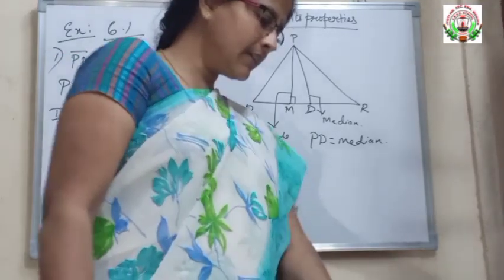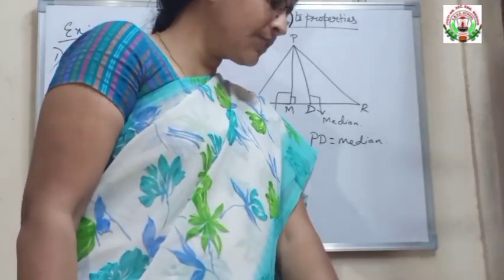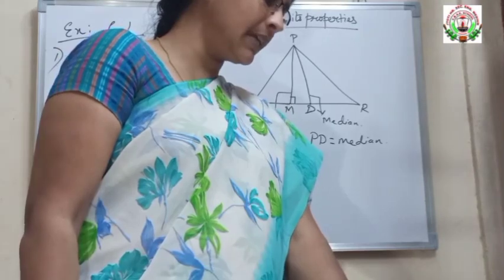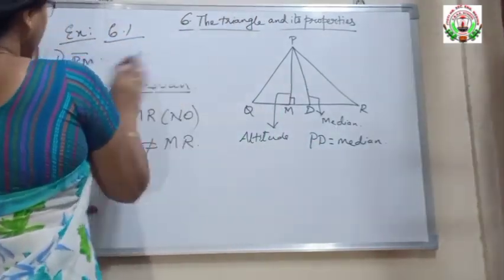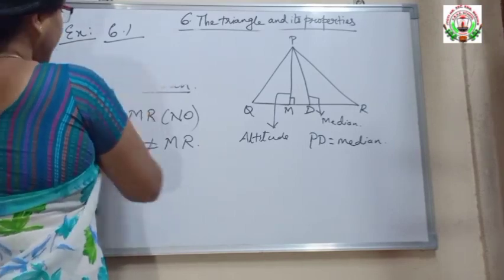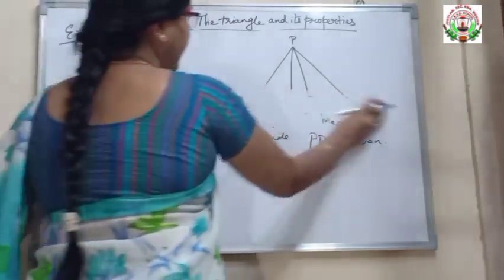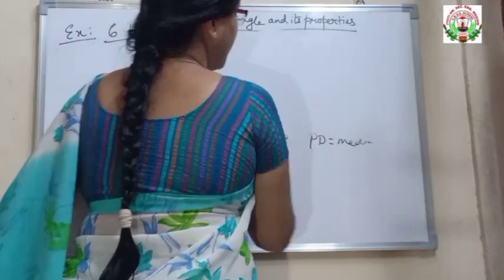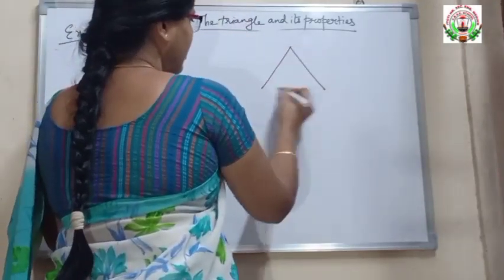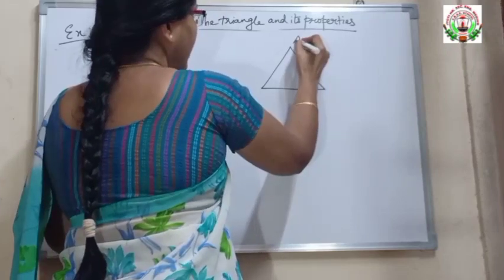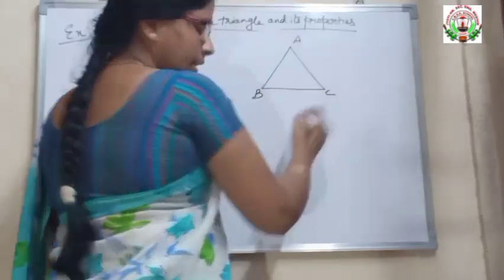Next one they have asked, draw rough sketches for the following. Triangle ABC. BE is a median. Second question here, they have asked you to draw a triangle ABC. Triangle ABC.